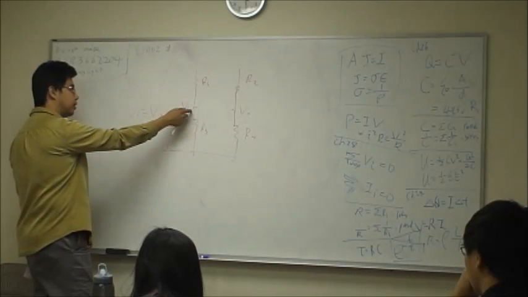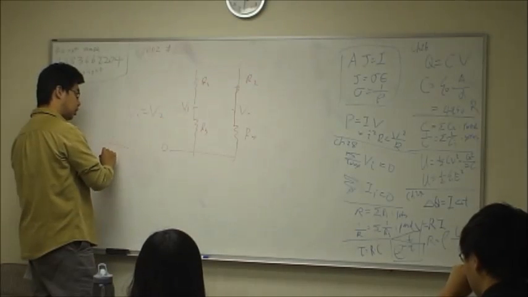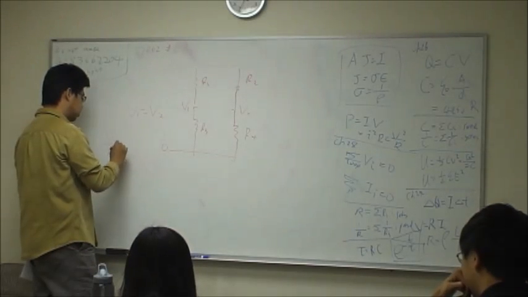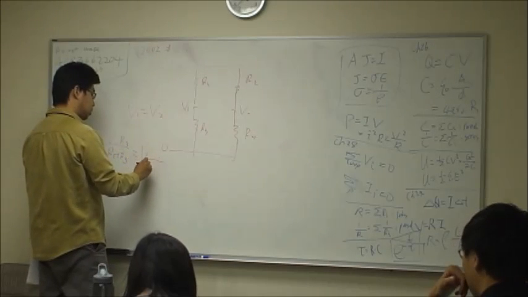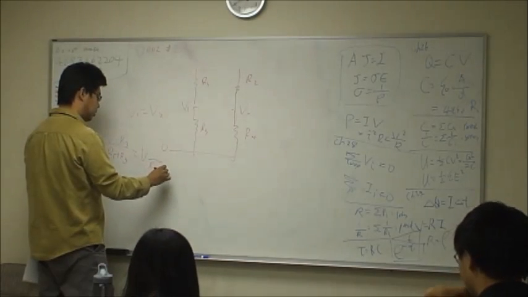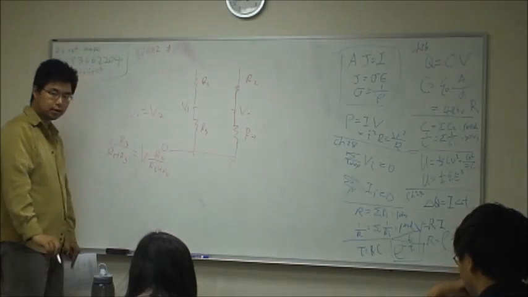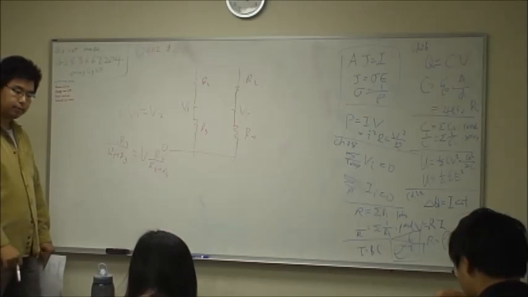Okay, to calculate V1 here, V times R3 over R1 plus R3. This is V times R4 over R2 plus R4. Make sense? They should be equal to each other.